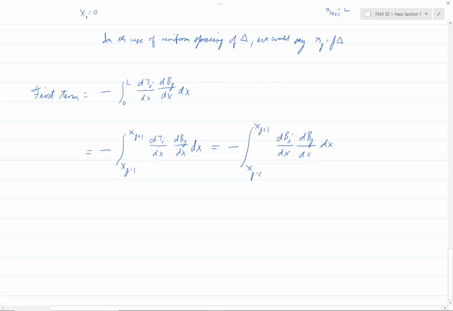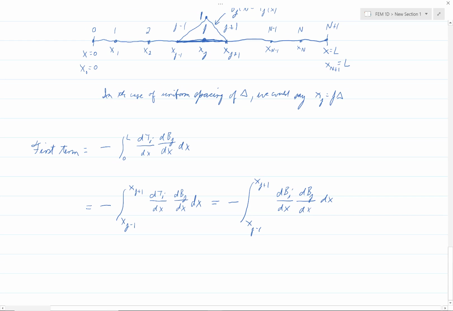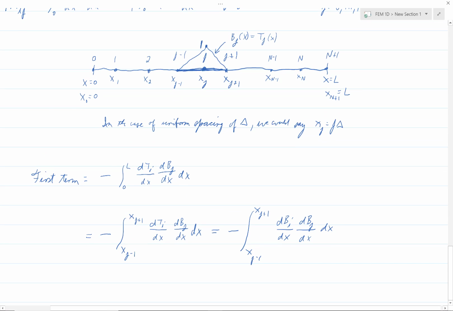And now we also see something else important. Let me back up and say, bi, just like the function bj is 0 everywhere except between xj minus 1 and xj plus 1, similarly bi is 0 everywhere except between xi minus 1 and xi plus 1.